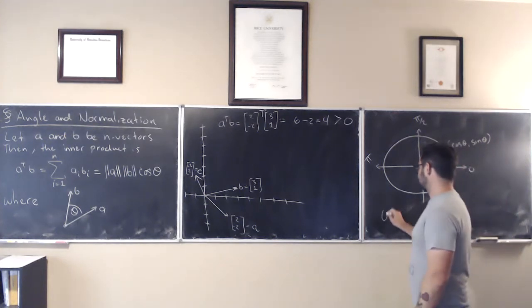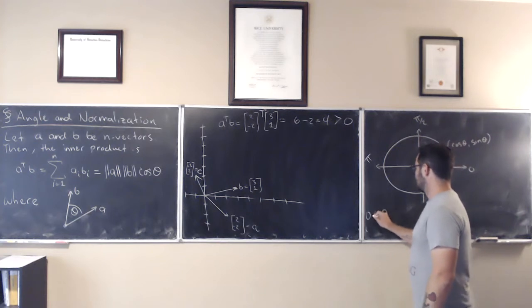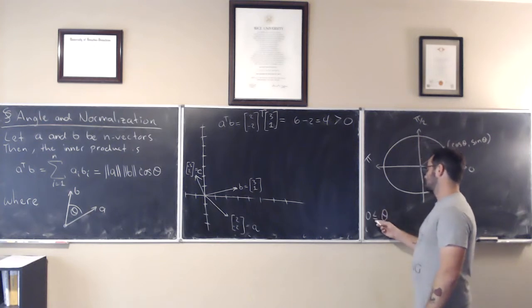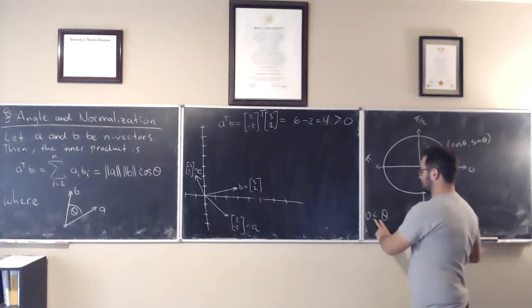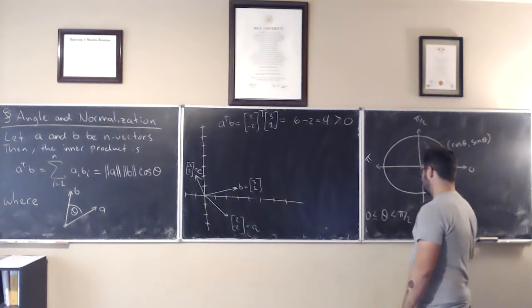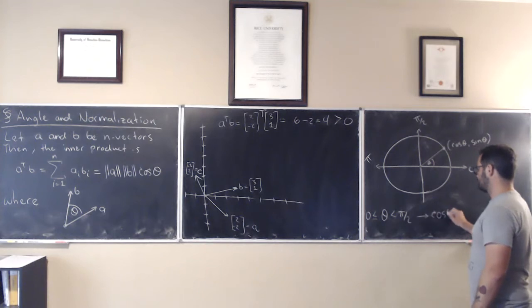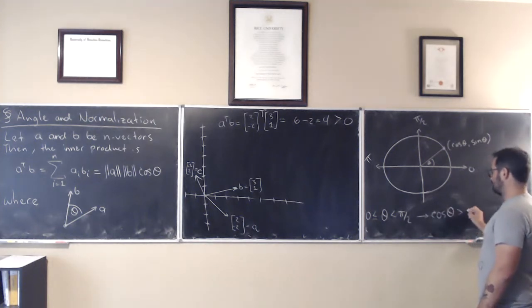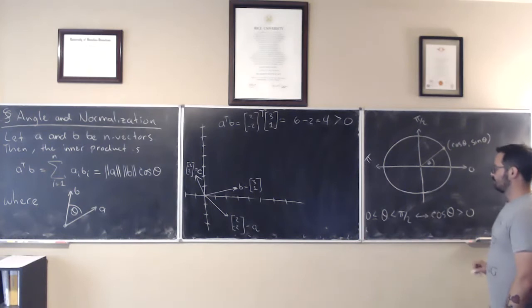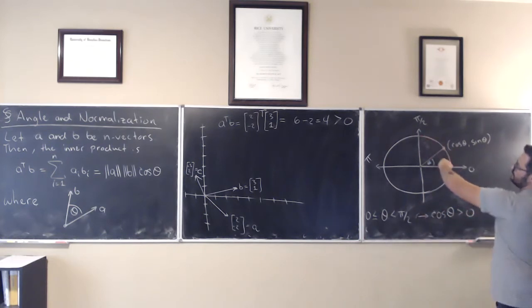So theta greater than or equal to 0, less than pi over 2, implies that cosine of theta must be positive, because any point on this circle over here has a positive x coordinate.